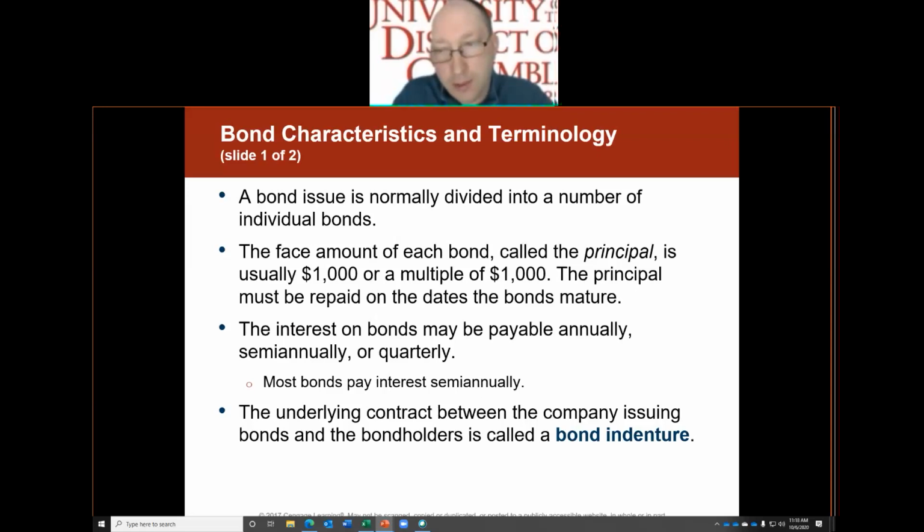This is common, and it all depends on when the bond indenture says it's supposed to be repaid. As a bondholder, you'll receive interest payments on a quarterly or semi-annual basis, and at the maturity date of the bond, you'll receive the face value. So that's exactly right. Good question.